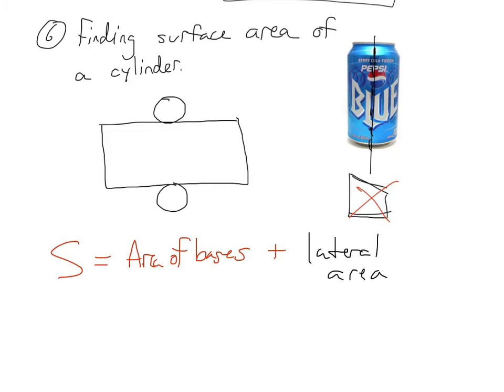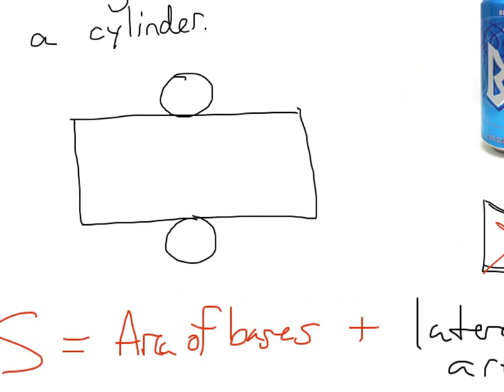Remember, the lateral area is the area that's made up of everything that's not the base. So that's right here. Let's say we create the net of the soda can, and that distance right there is 2.2 inches. What is that distance? It was halfway across the circle to the center, so it must be the radius.